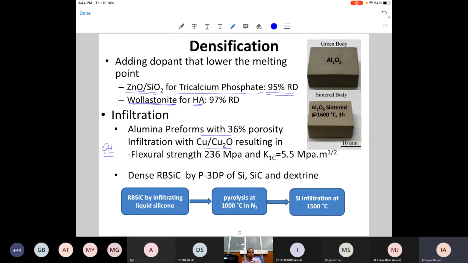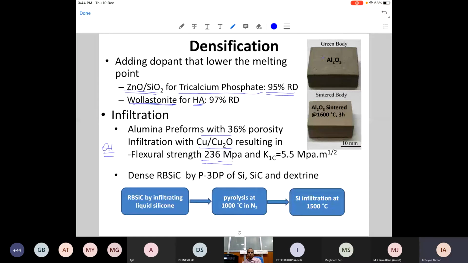And in one such example, about 236 MPa flexural strength was achieved, and for K1C, you can see for traditional alumina, K1C is about 3 to 4, but in this case, it had a greater K1C value, that means fracture toughness value.